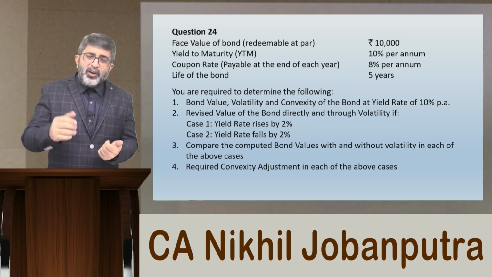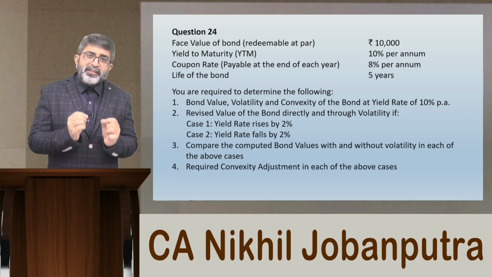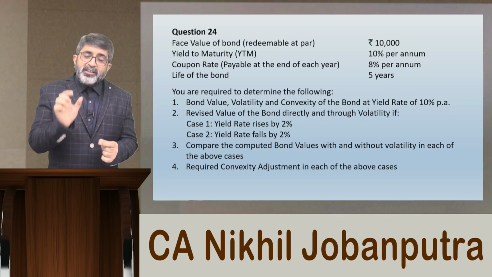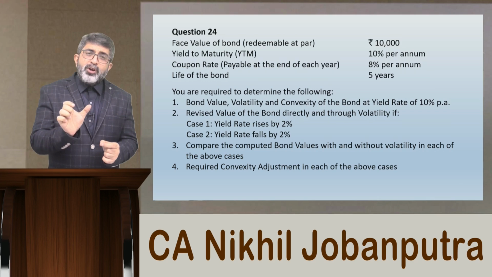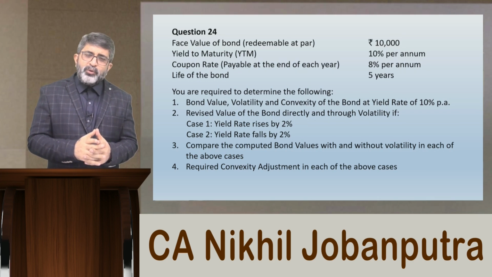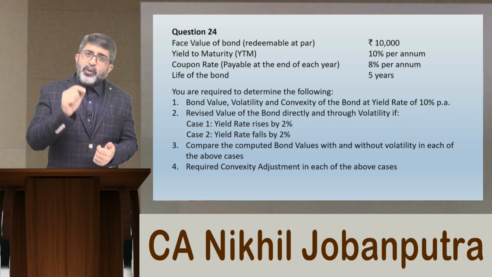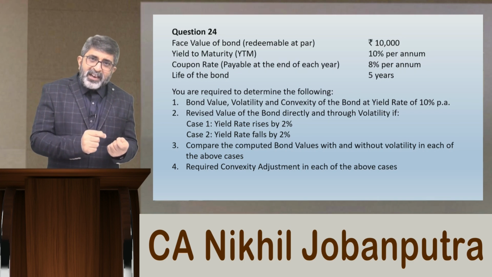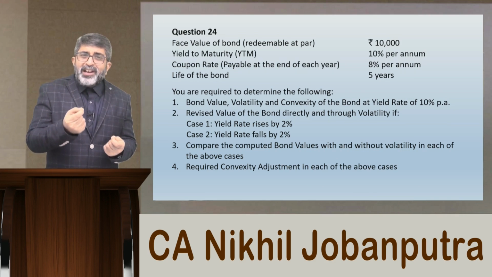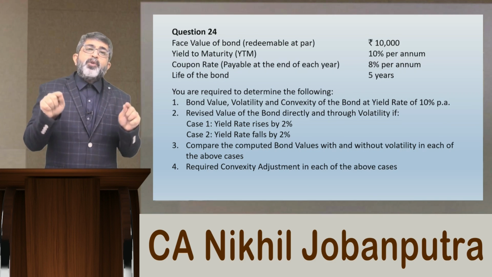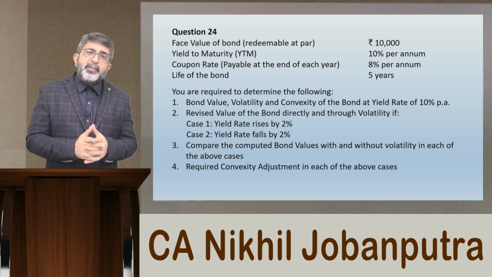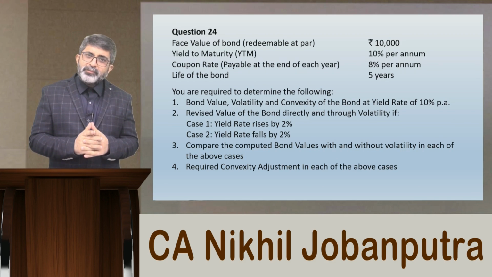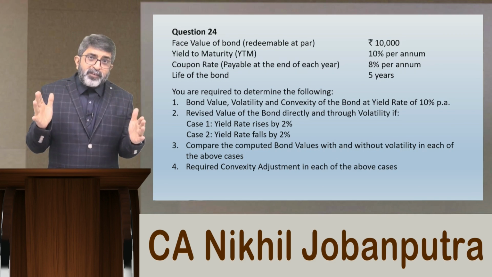You will find a lot of search results on convexity of the bond, and everywhere the real formula for computing the bond convexity is what I have explained to you, and you will also find that approximation formula. The convexity adjustment will be carried out a little differently depending upon which formula you have used for determining the convexity. That will be the first part of the question.